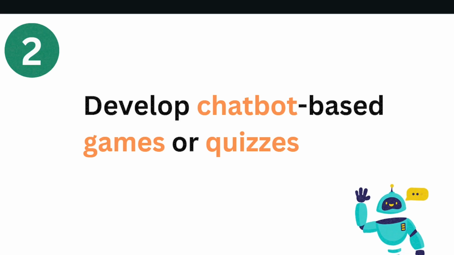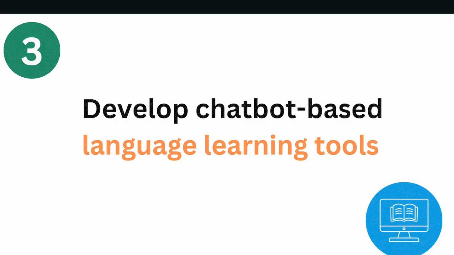Next on my list, you can also develop chat-based language learning tools. ChatGPT can be used to create chatbot-based language learning tools that allow users to practice and improve on their new skills through interactive conversation with your platform.